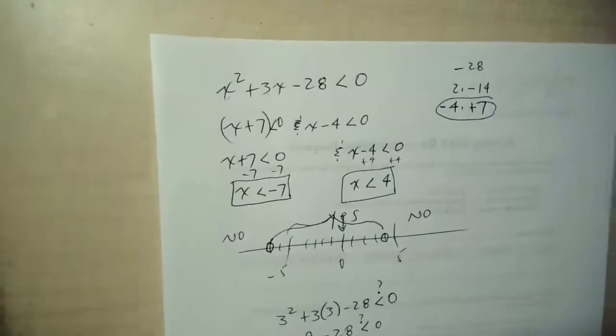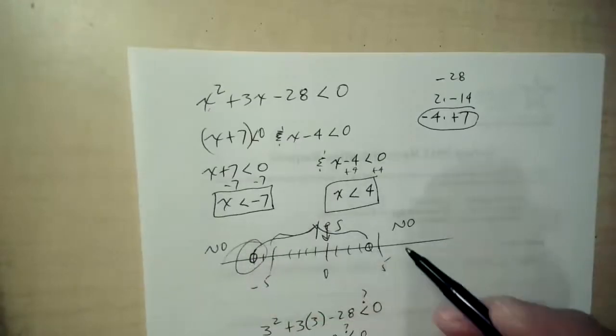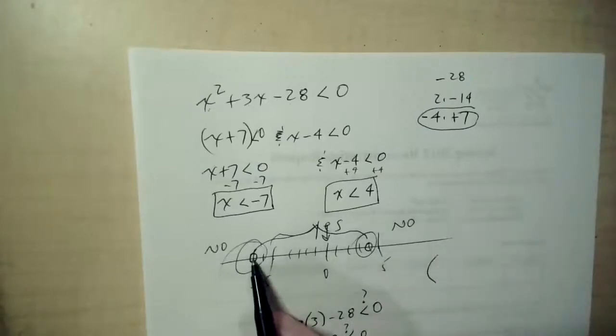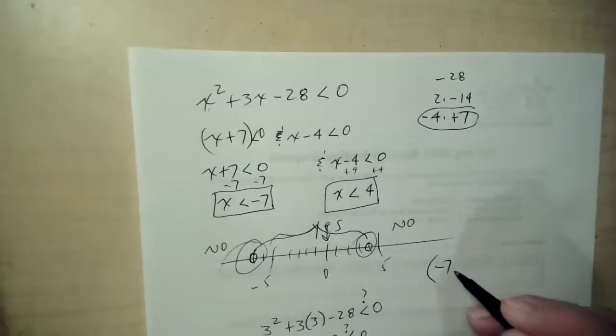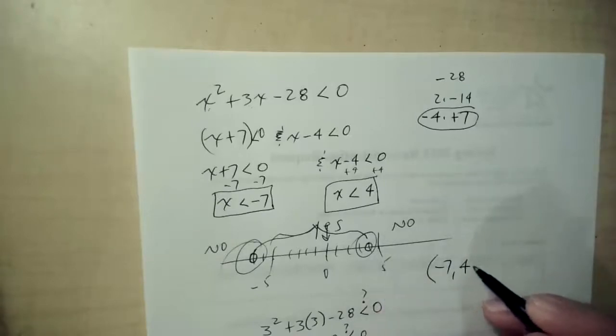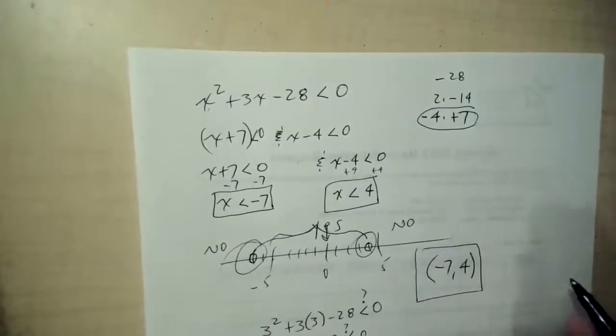So what is our interval notation? What's on the low side? What's the least this number can be? Remember, it's going to mimic the graph. What's on the low side? Negative 7. What's on the high side? What's the most it can be? 4.